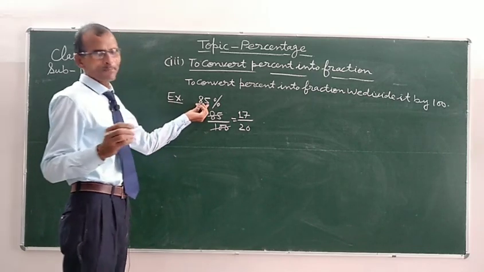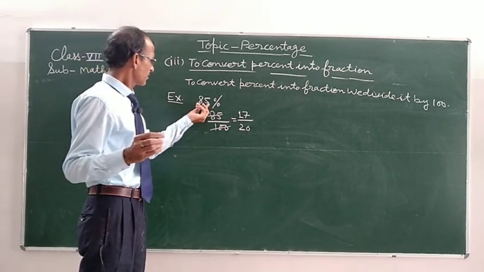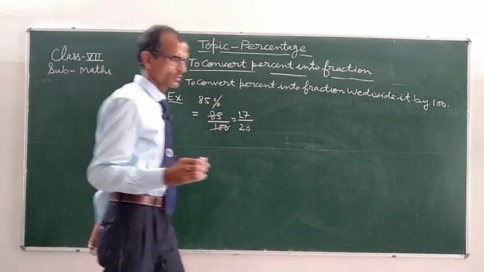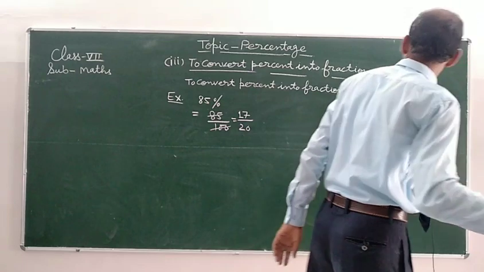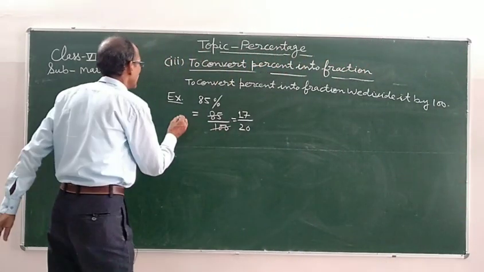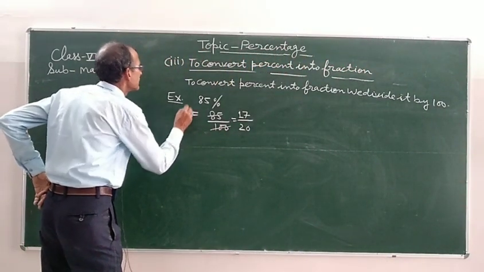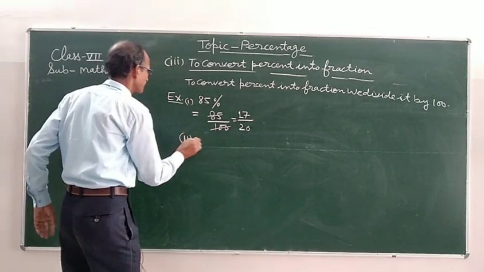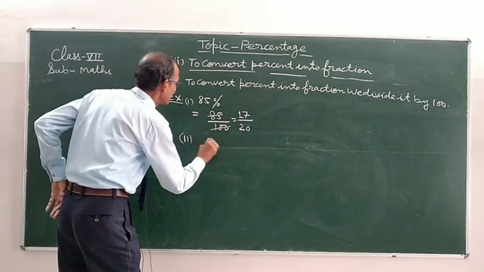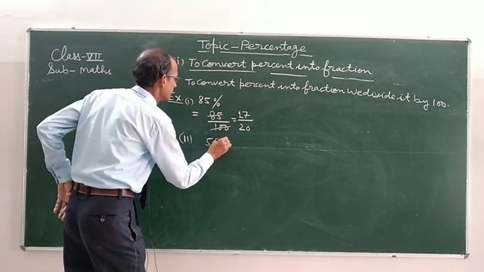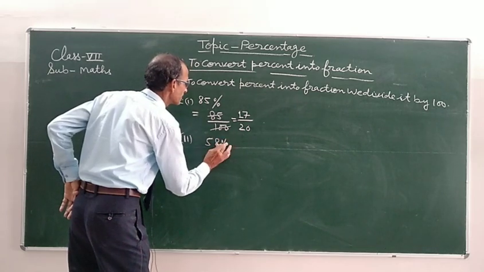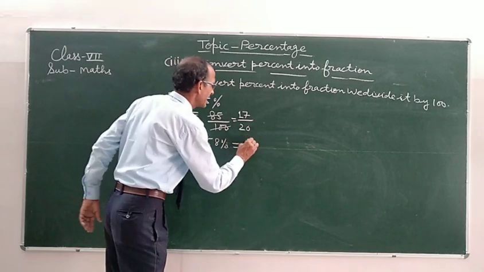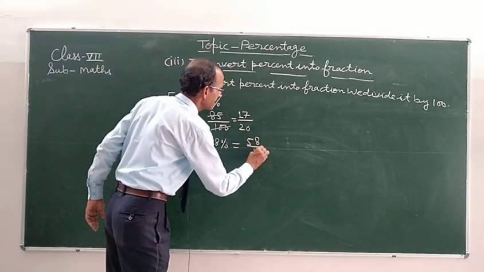We divide the given percentage by 100. Let us see one more example. Suppose you have to convert 58% into fraction. 58% is equal to 58 divided by 100, 58 upon 100.